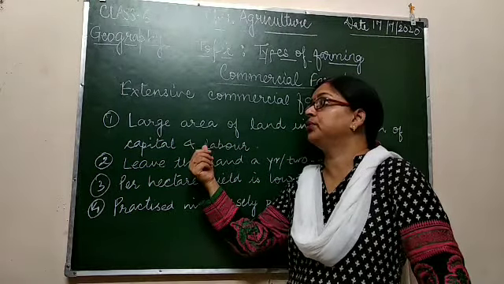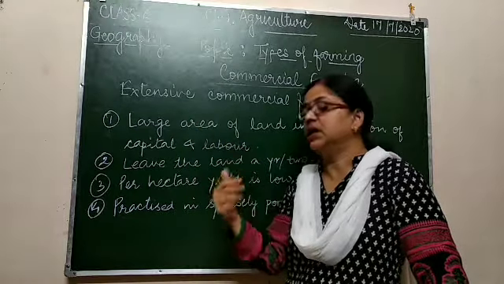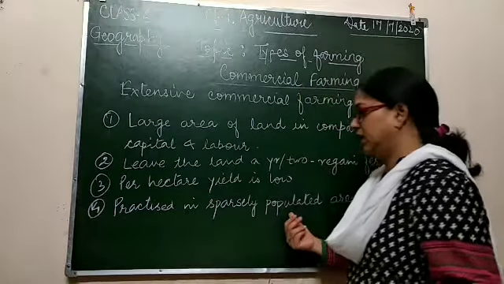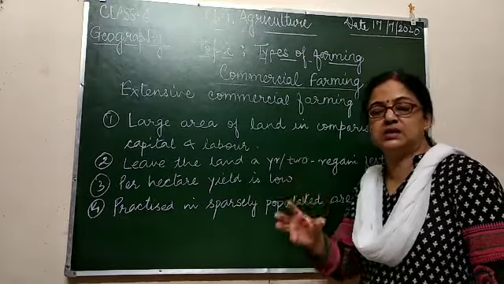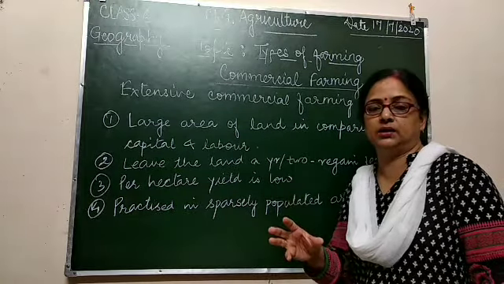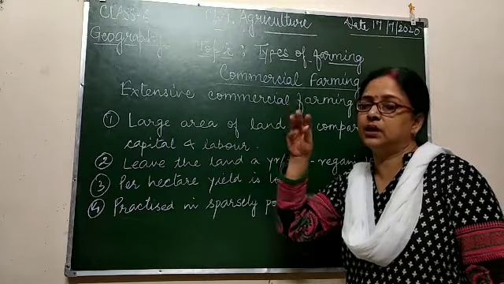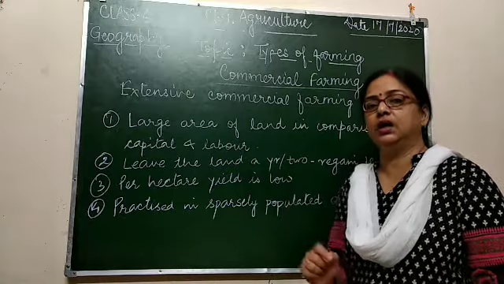This type of farming, extensive commercial farming, is practiced in sparsely populated areas. Sparsely means where a smaller number of people are there. Large areas of land are available, but the number of people is very less.